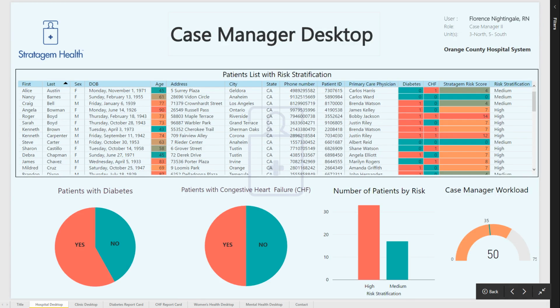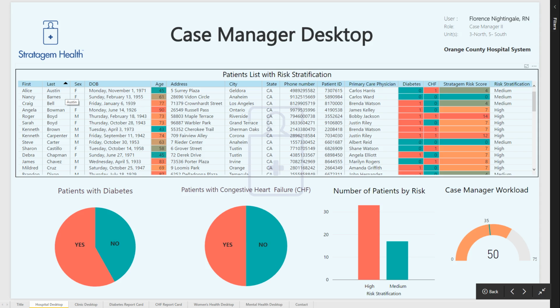We have created test data from about 50 test patients. The two conditions we are addressing with the hospital desktop are diabetes and congestive heart failure, or CHF, for purposes of this demonstration. So you can see the title for the Case Manager desktop and the user info.